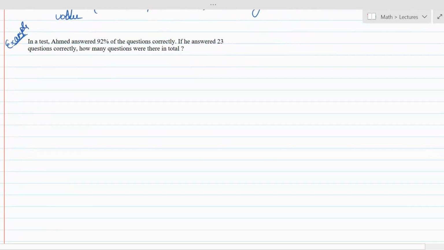Now in this example it says in a test Ahmed scored 92% of the questions correctly.